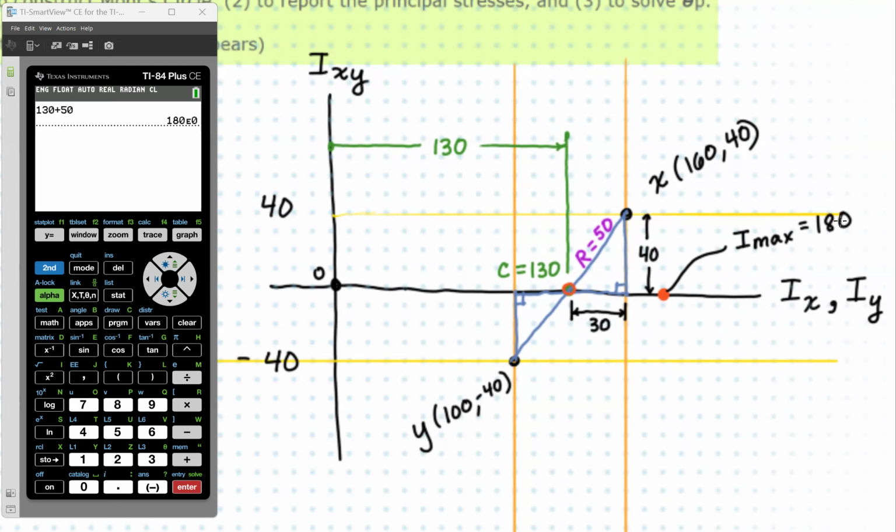To go leftwards, I would again start at my center 130, but now subtract my radius of 50, and that gets me to 80. Right there. That is my minimum moment of inertia.